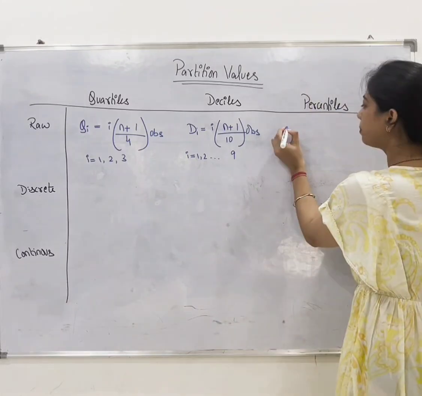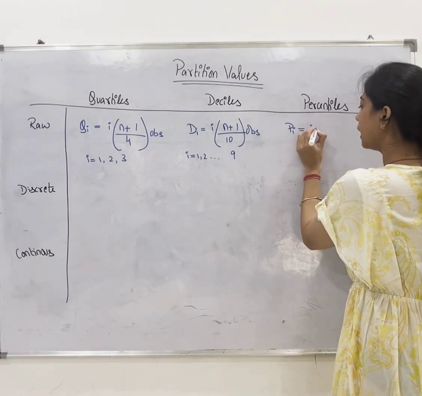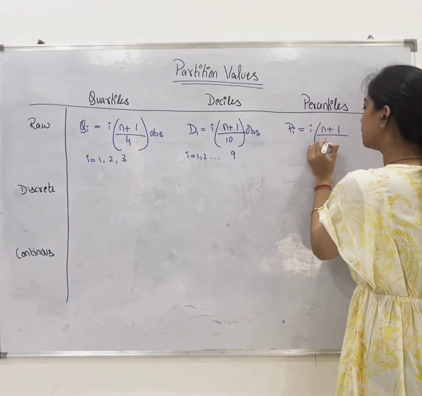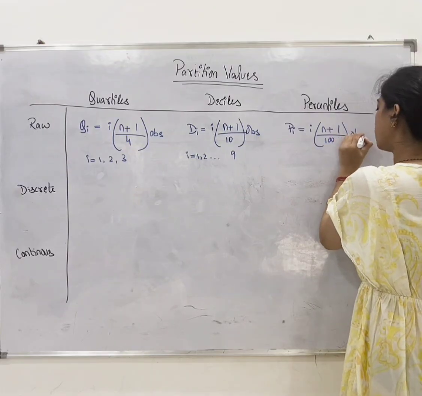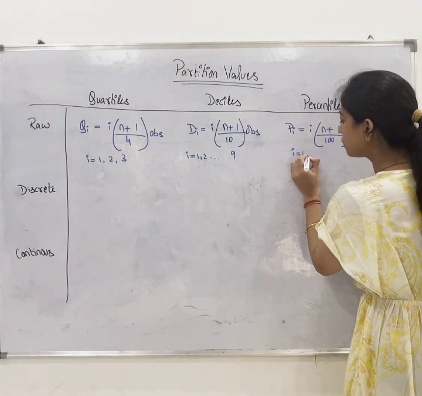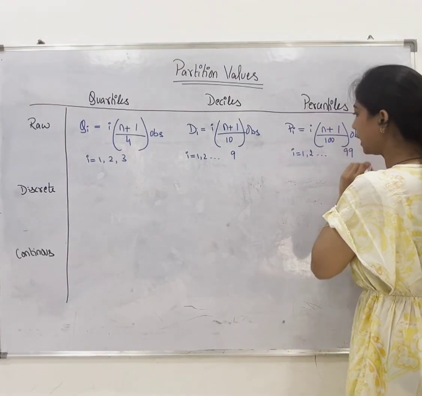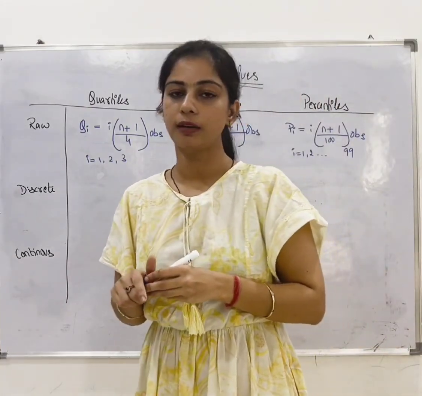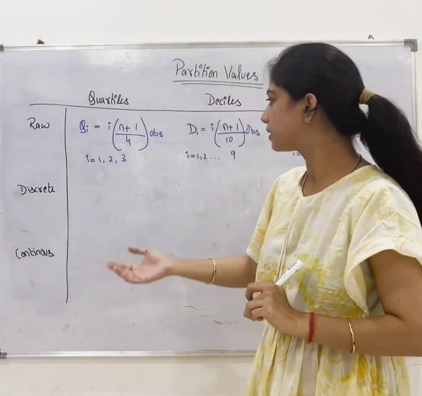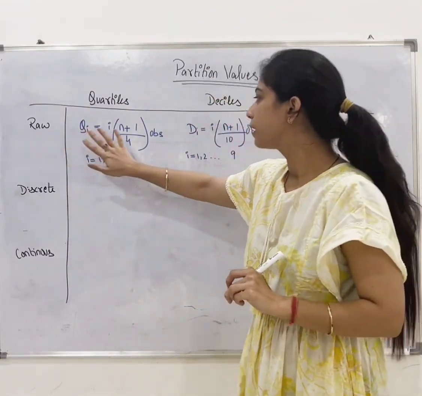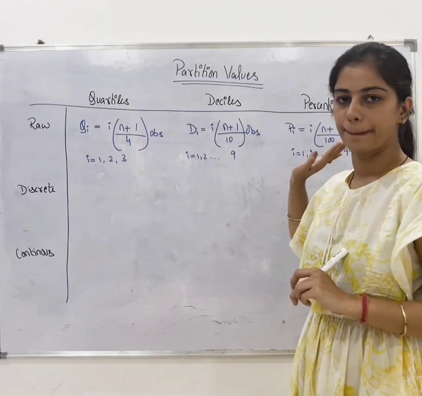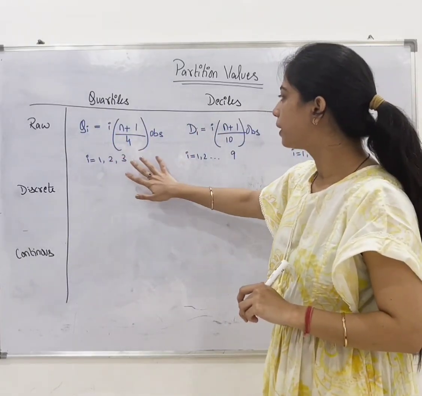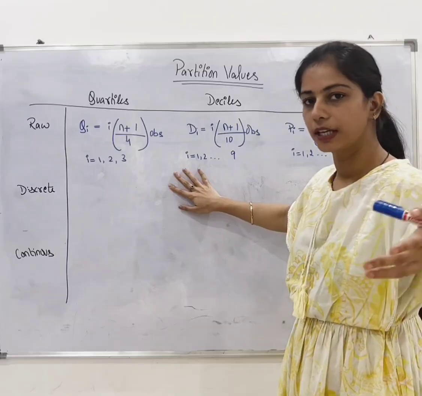Now the last one, percentiles, P_i: i(n+1)/100 observation, and i can take the values from 1 up to 99. So this is how the formula is written in case of raw data: Q_i, D_i and P_i. Depending on the number of partitions, it is divided.